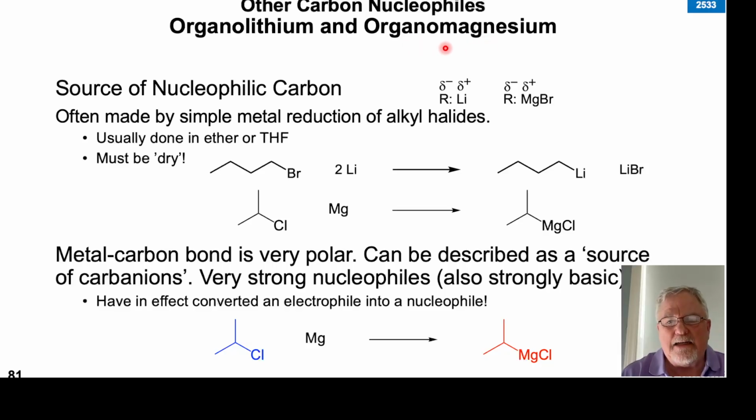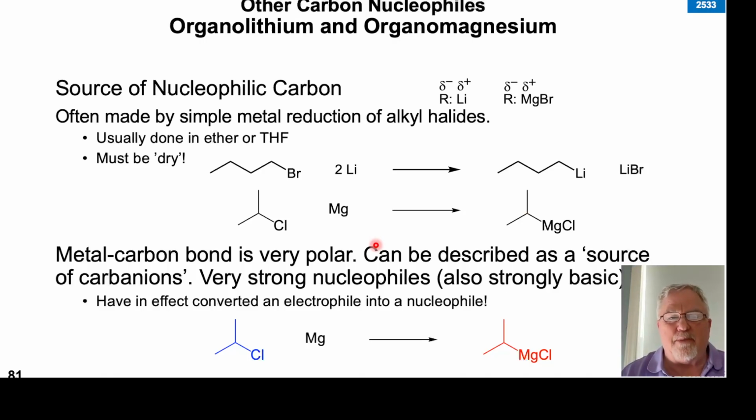The organomagnesium compounds, notice that the magnesium, because it's bivalent, still has one chlorine attached to it. It apparently seems like the magnesium just inserts itself into the carbon-chlorine bond, and when it does that, it gives us this reverse polarity to what we're used to, and the carbon atom is now nucleophilic.